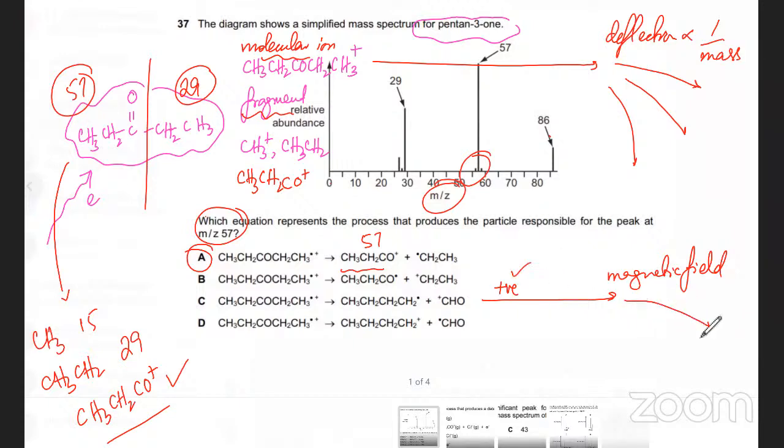If they don't have a charge, they will not get deflected, and they'll just keep moving straight through the magnetic field. Is that clear? So radicals don't have a charge. If they had a charge, they would have written a charge next to it.